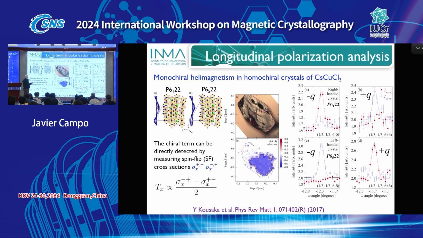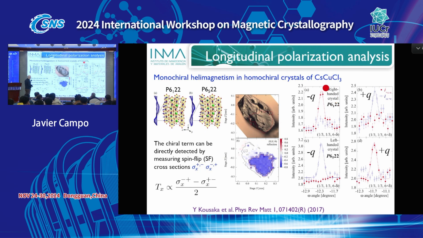And they wanted to measure the magnetic chirality. That means they wanted to extract the chiral term here. The chiral term. And then the chiral term, you need to measure the polarization along X plus-minus, minus-plus in the crystal. And then they did the one satellite. They measured the intensity plus-minus, minus-plus, you can see.